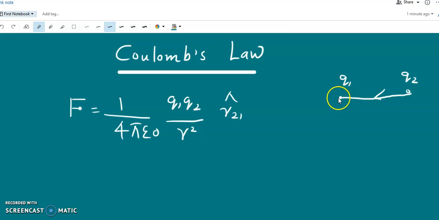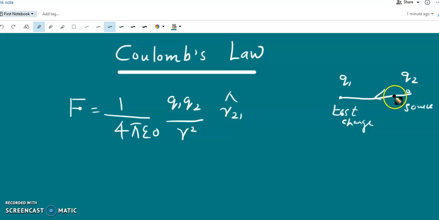So Q1, on which the force is acting, is the test charge and Q2 is the source charge. So the force is always directed from the source charge to the test charge if both the charges are having the same sign. So suppose Q1 and Q2 are positive, the direction of this force is along this unit vector.